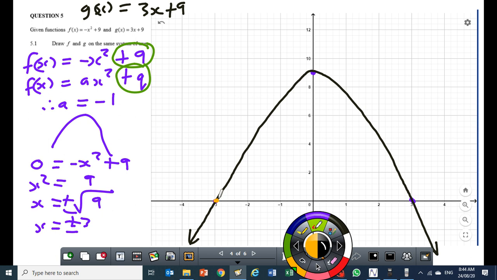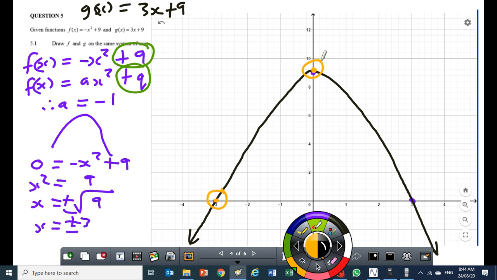That is the x-intercept. Then, if you want to get the y-intercept, you put x equal to 0 here. If you do that, you get 9. So those are your two intercepts. An x-intercept at the bottom, which is this one, and the y-intercept there.